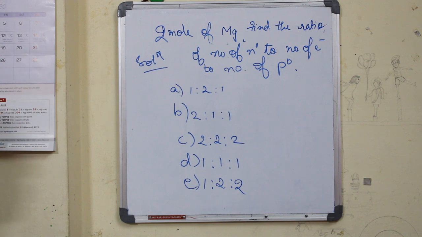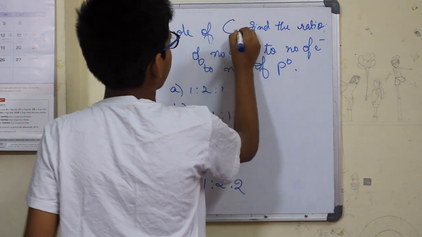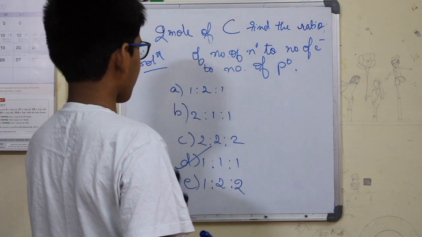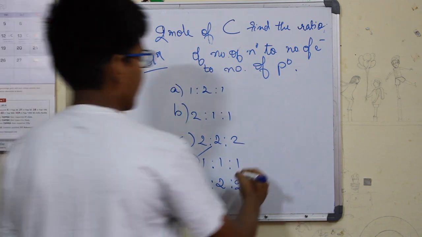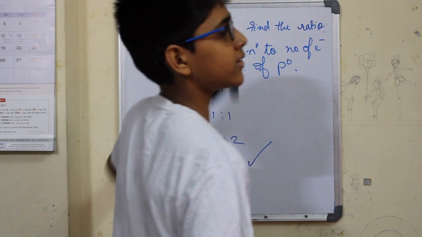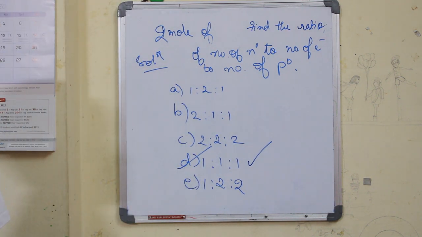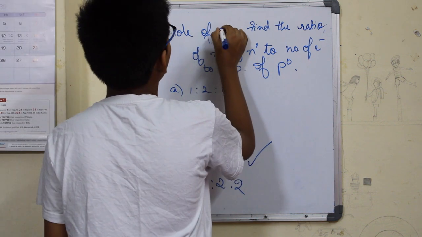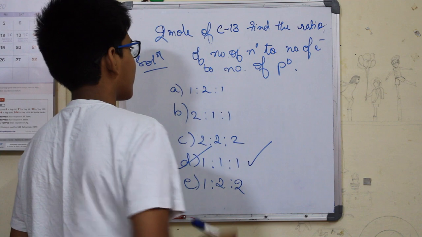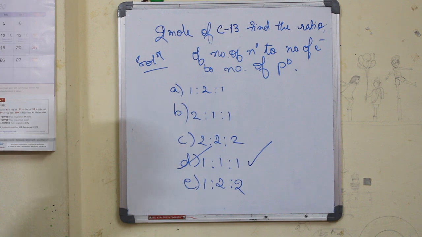The answer is D. Now, if I ask for carbon, again do that. What will be the answer? The answer will be 1:1:1. And if I take, for 2 moles of C13, just do that.